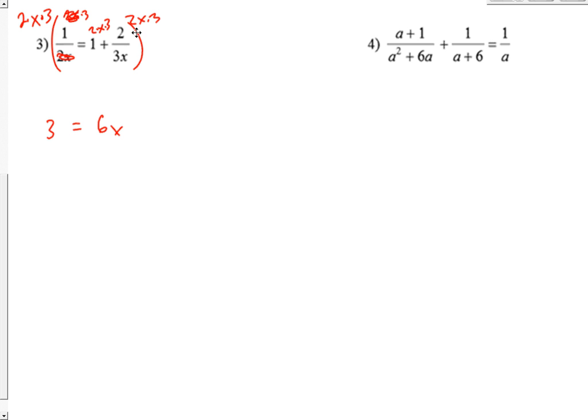And then the last fraction here, the 3 and the x will cancel, and I'm left with 2 times the 2 to get 4. So then I will solve this. I will subtract the 4. I get negative 1 equals 6x. Divide by the 6, and I get negative 1/6 is equal to the x.